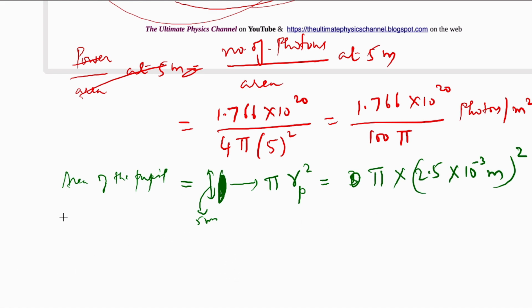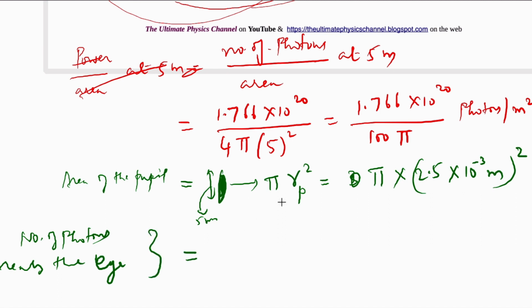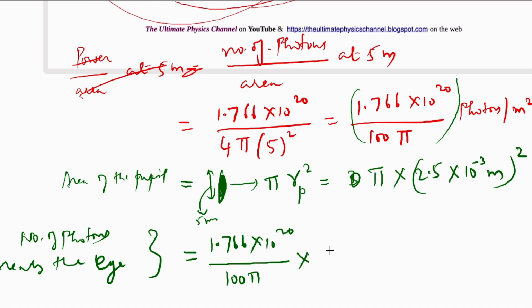Now the number of photons that are received by the pupil, or the number of photons reaching the eye, at that point is equal to the number of photons per unit area emitted by the bulb, which is 1.766 into 10 power 20 over 100 pi, times pi into 6.25 into 10 power minus 6.